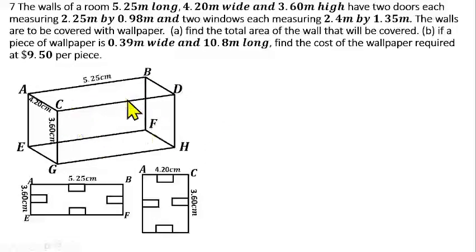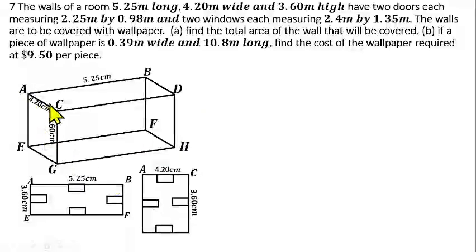Of course, when it comes to a room, how many walls do you think you have in a room? We need to start from there. We should have 4 walls. This rectangle A, B, E, F is one wall, and the one opposite, which is C, D, G, H, is another wall.